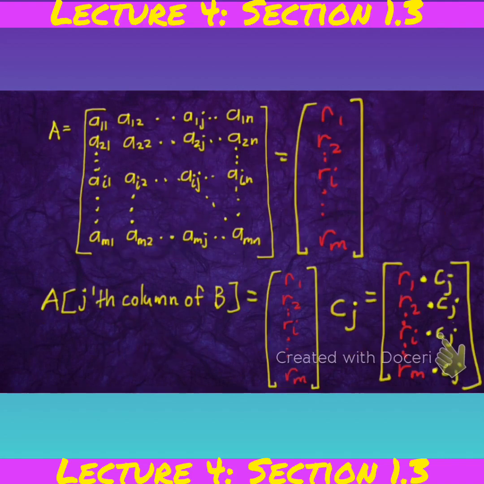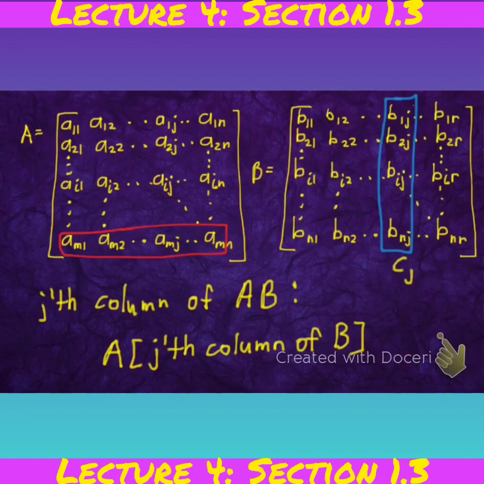So let's partition A in terms of row vectors, and let's take A times the jth column of B. The jth column of B we will denote by Cj. We denote that whole column by Cj, as I said.